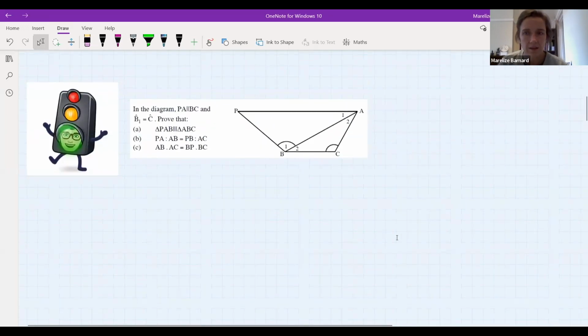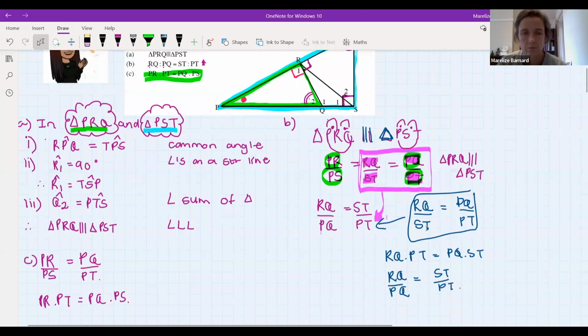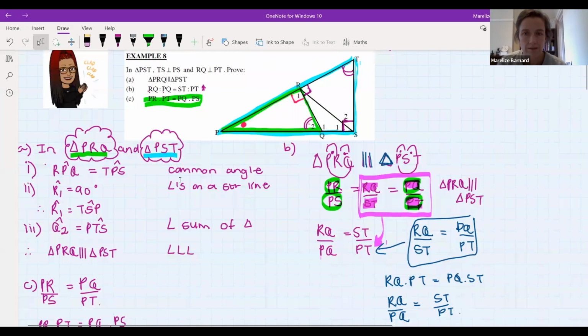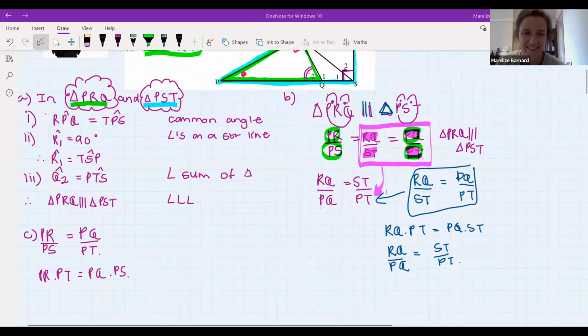Can they please take screenshots, just in case anyone wants a screenshot of what we have done? Yes, please. Thank you. Guys, Miss B is doing it as if it's a packet of chips. The way that I learned, I'm like, whoa, that's amazing. So I hope you guys get it, because she makes it look so easy.